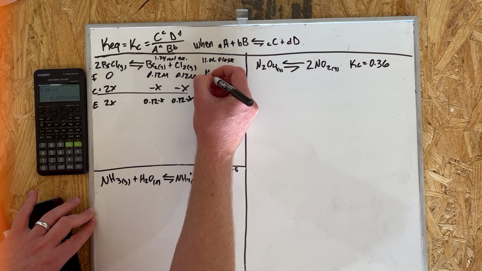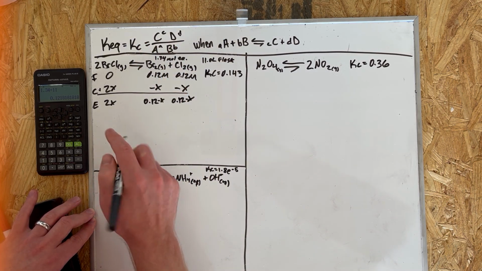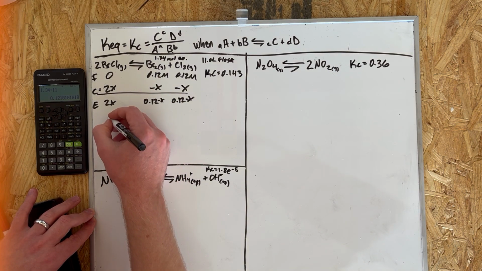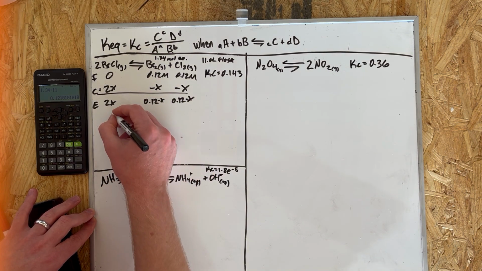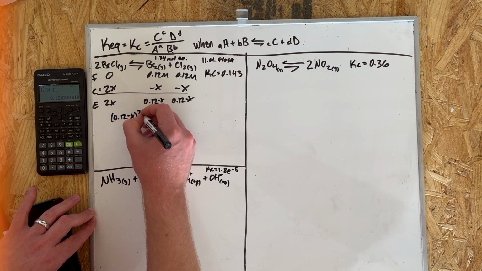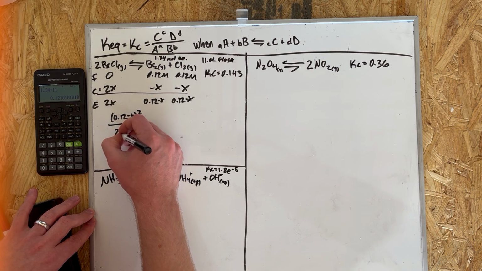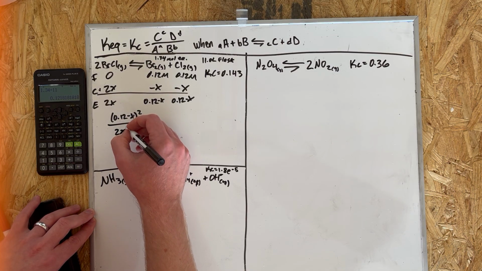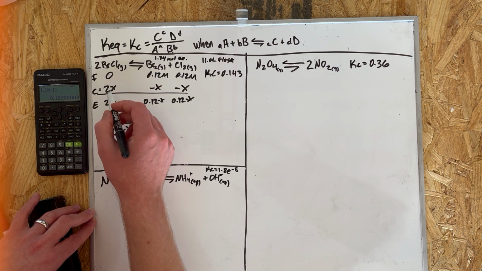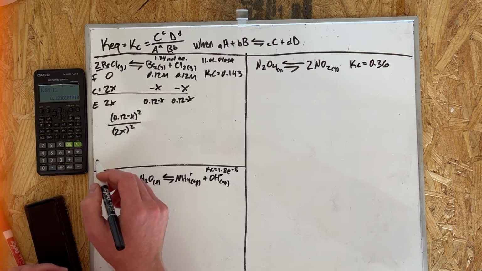And then we'll do our equation like this. We have our concentration of these, and since it's the same thing, I'm just going to square it. So 0.12 minus x squared over 2x, and that is also going to be squared because we've got this coefficient here.